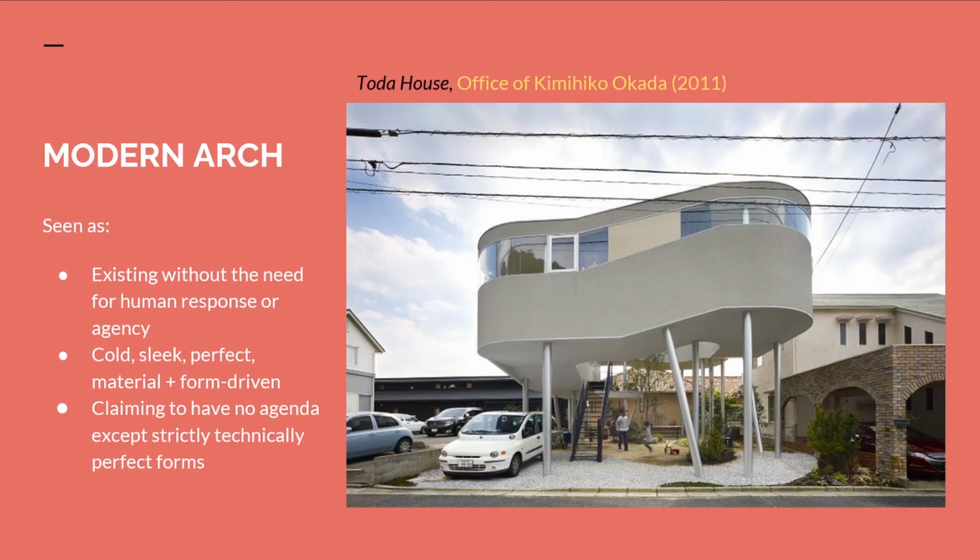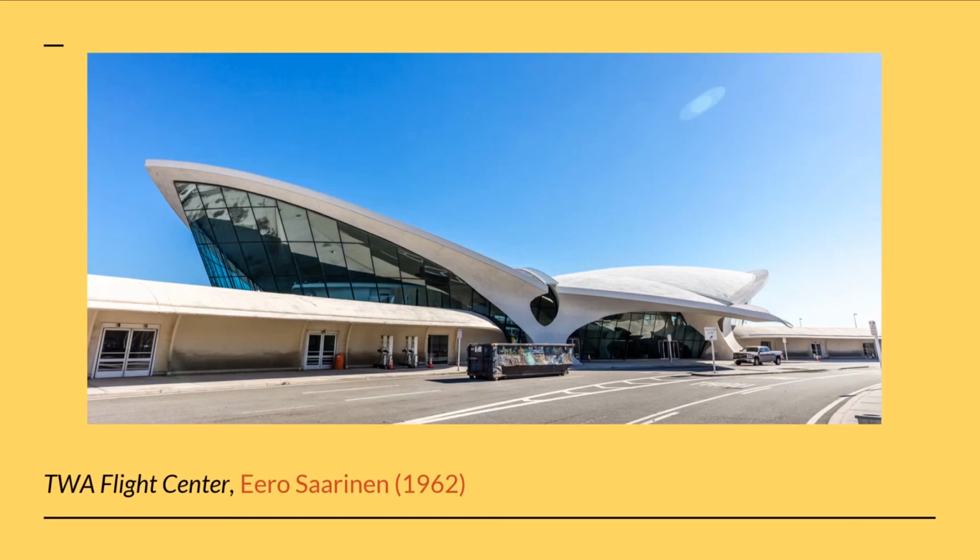However, it's important to note that, and I paraphrase from the Victorian-era art critic and philosopher John Ruskin, who said that we ask two things of all architecture. Number one, to shelter us, and number two, to speak to us. In reality, I think modern architecture does have a hidden agenda.